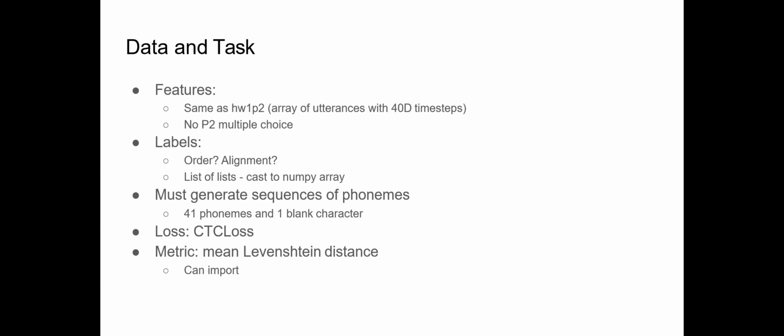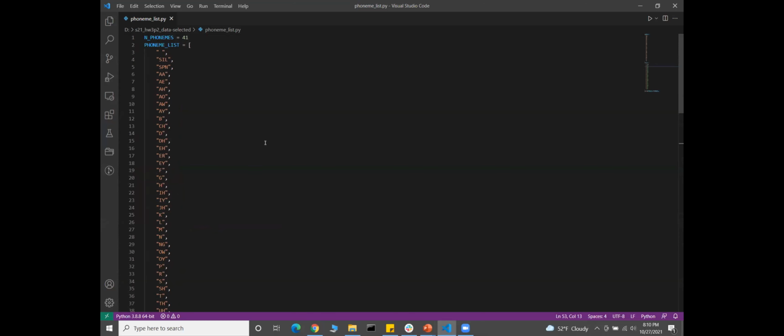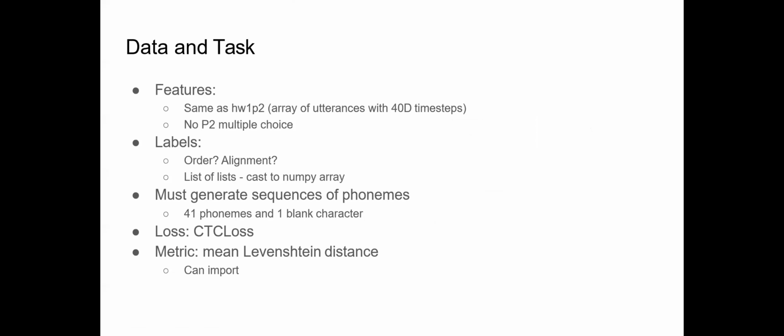Levenshtein distance. Do you guys know what Levenshtein distance is, or shall I explain it? Please let me know if you need the explanation. Okay, cool. I'll explain it. Levenshtein distance is generally a one-to-one distance between two strings.